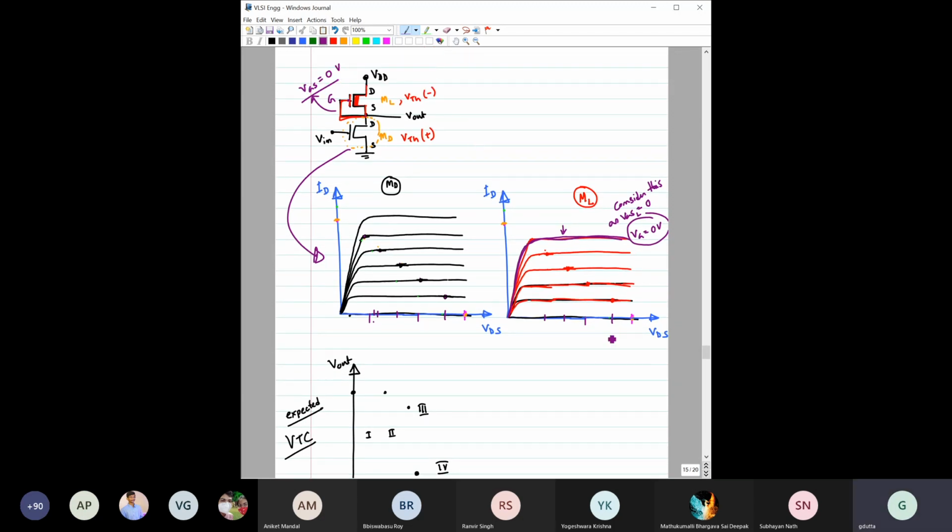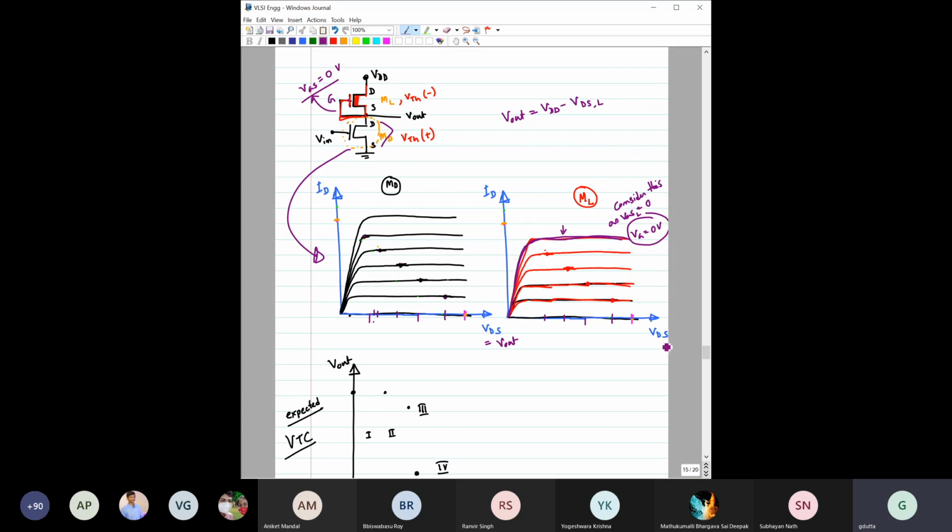Because you see, for this it is VDS, and for this it is also VDS. For this transistor, VDS is nothing but Vout, right? And here we can also write that Vout is equal to VDD minus VDS load, right? Isn't it?